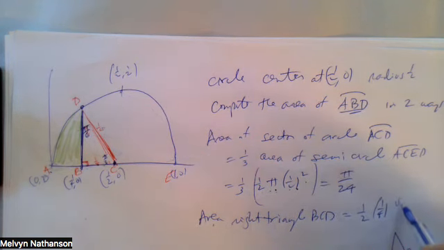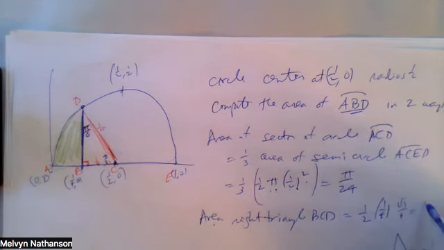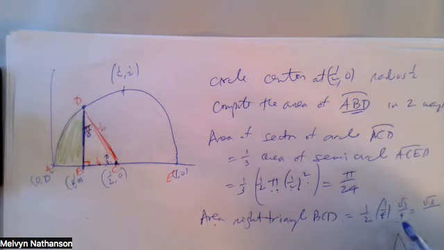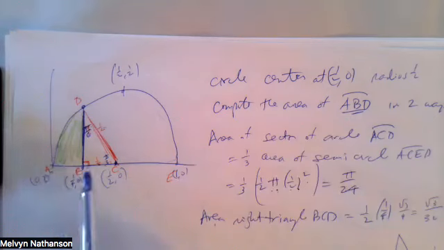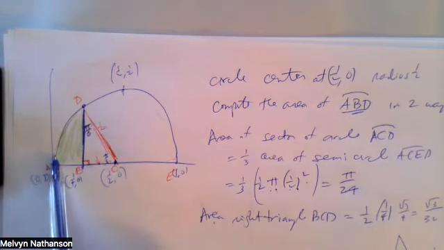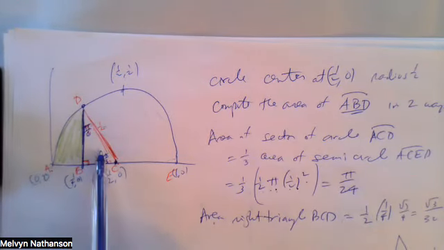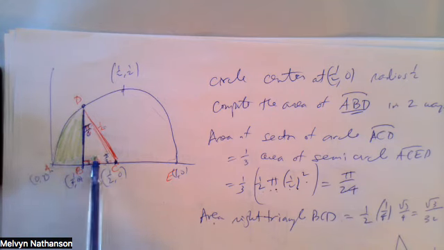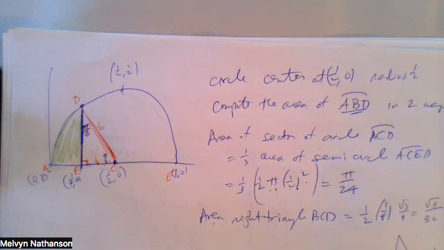That's the height, root 3 over 4. So you get root 3 over 2 times 4 times 4, which is 32. So the area of this sector of the circle is pi over 24. The area of the triangle is root 3 over 32.